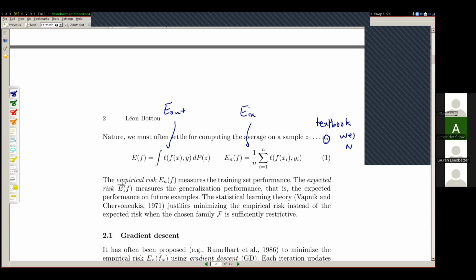Empirical risk is just another equivalent name for the in-sample error. People use these terms interchangeably. Again, empirical is the in-sample, risk is the error. And they're using expected risk as what they call the out of sample error.